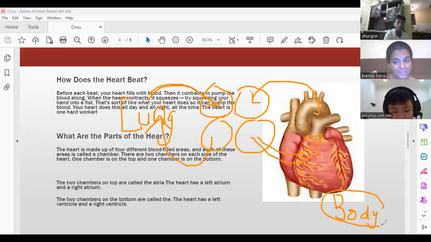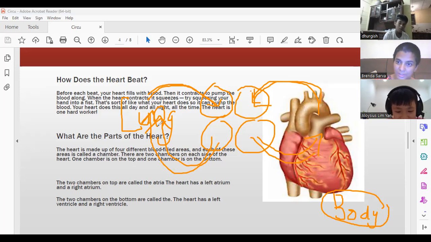Then from the body, that oxygen will exchange to become carbon dioxide. And then it will come back. It won't go to the lungs, it will come back to the heart again, enter back, and then only go back to the lungs. Do you understand this journey of sending oxygen and bringing carbon dioxide back?